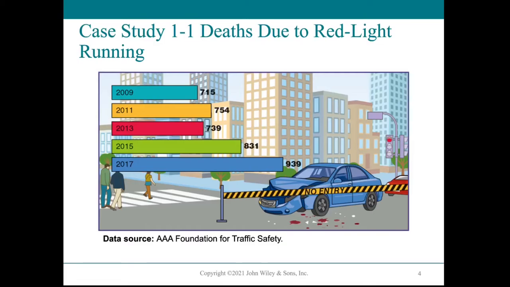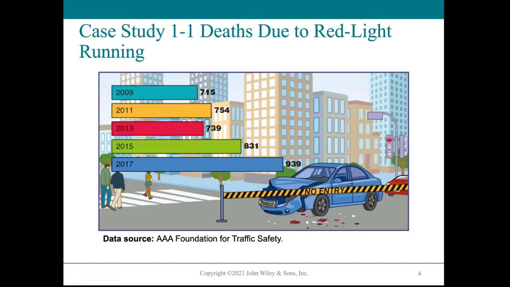The key thing here is that descriptive statistics doesn't show if the difference between 939 and 831 is significant enough that you can say 2017 is a very dangerous year for running the red light, significantly more dangerous than 2015.